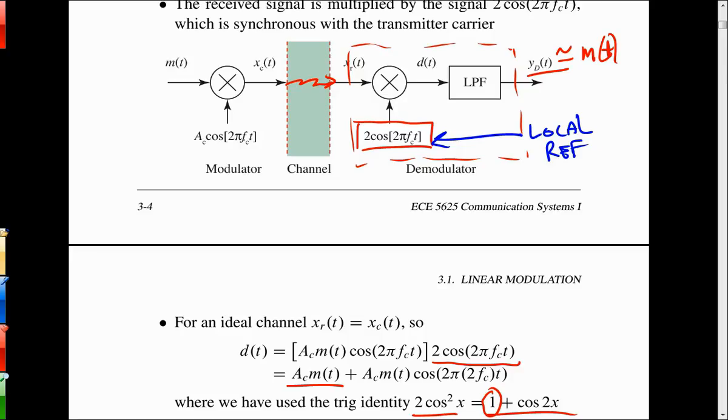So here you can see what's perfectly aligning is that and that are the same. If this one happened to have 2 pi fc t plus theta of t, then if it was perfectly coherent, this one would have to have 2 pi fc t plus theta of t, so that it can perfectly track it.